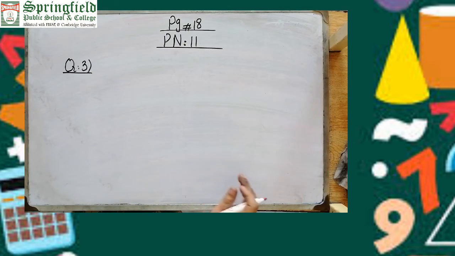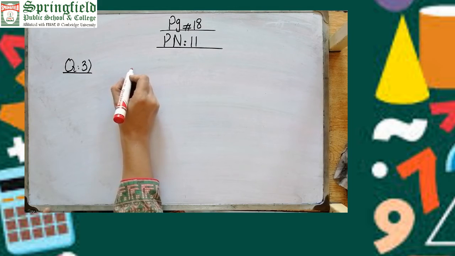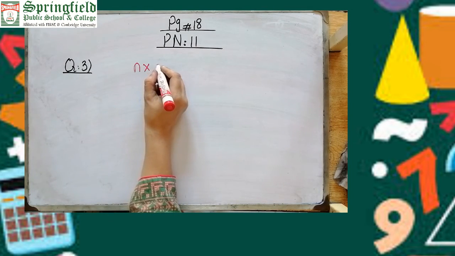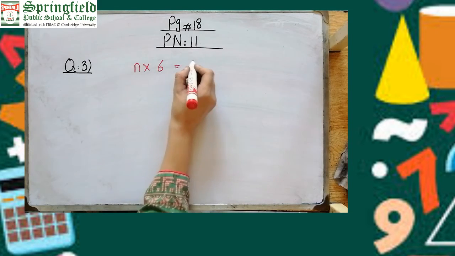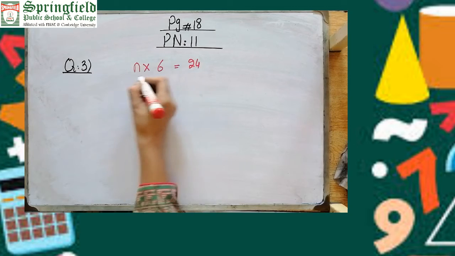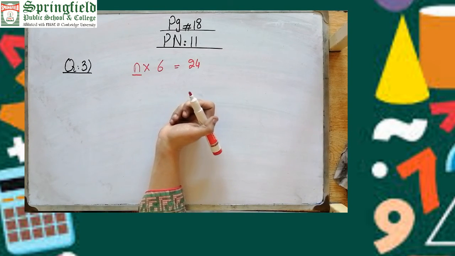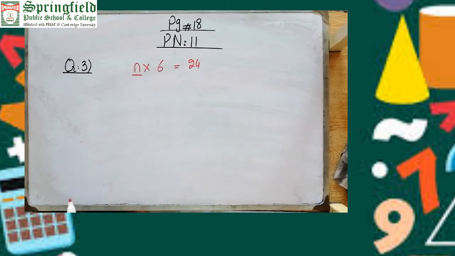Look at the board now. They are saying that the least common multiple of n and 6 is equal to 24. So what is the smallest value of n? How can we find it? We will check which value of n gives 24.